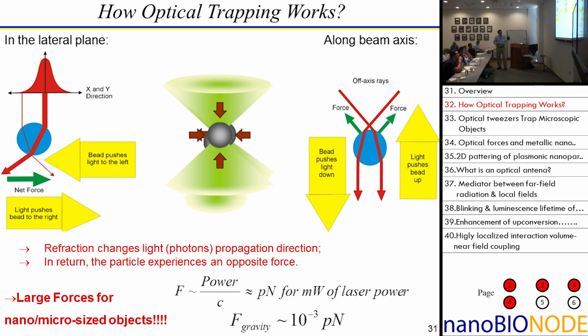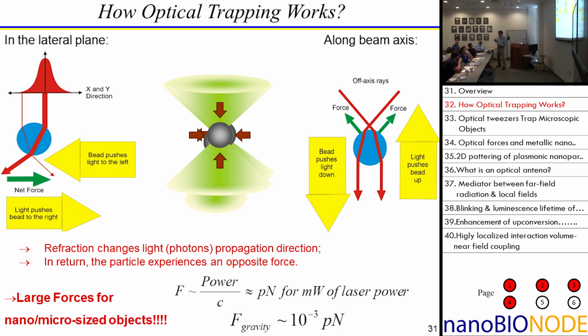underpinnings of optical trapping. So you can estimate what kind of forces you can exert on nano and microparticles using beams of light. Those forces would be on the order of piconewton per milliwatt of laser power, right?